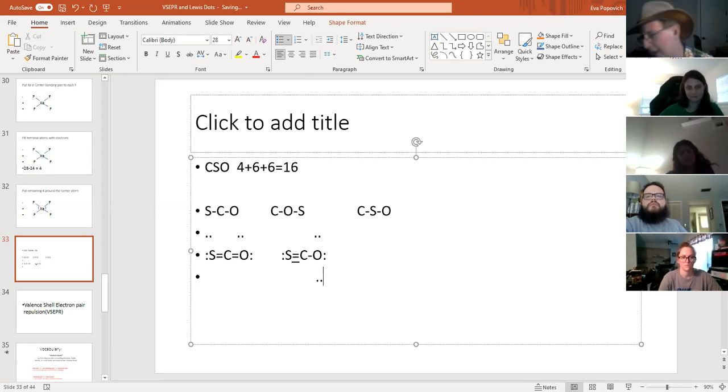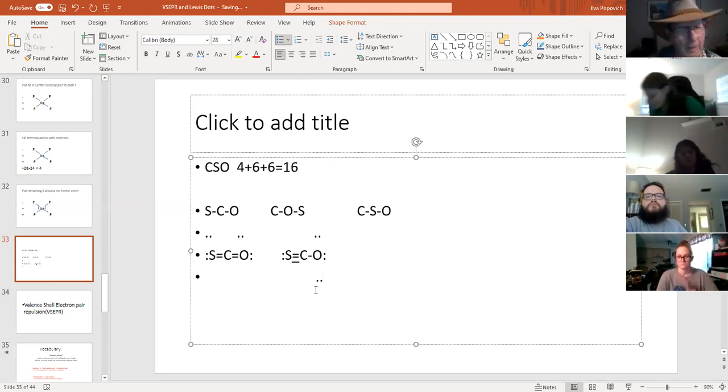Is that the only way I can make a triple bond? No, you can do it on the other side. If these are both S, then doing a triple bond on the other side would just be the same molecule. It's just flipping the molecule around. But since I have an S on one side and an O on the other, it's a totally different molecule. I can make it like this.